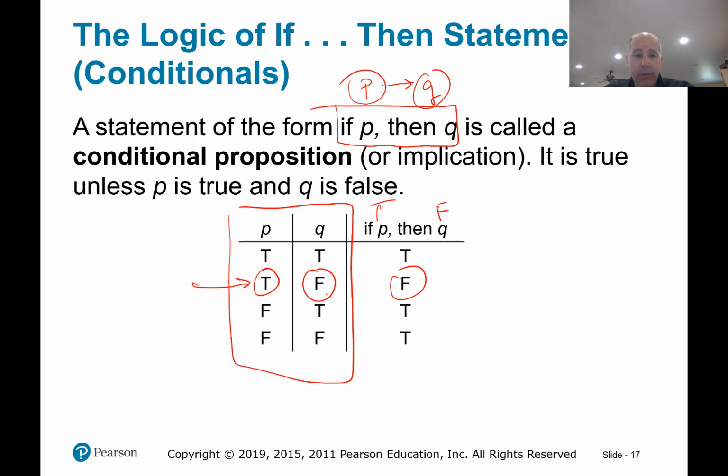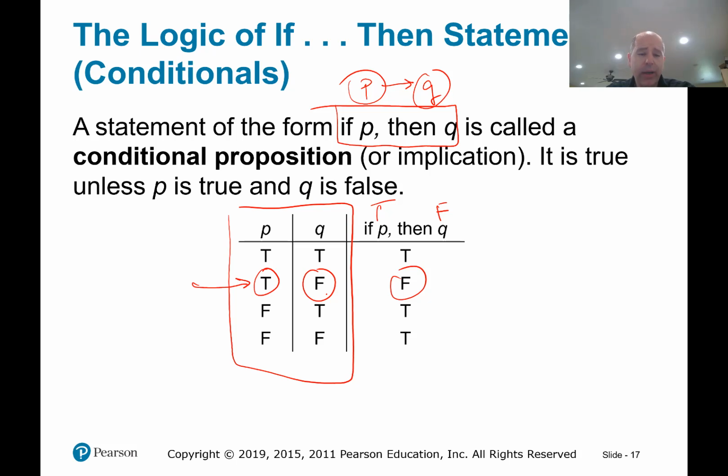Why? Because I was only held to my promise if he got 100%. I just told him what I would do if he got 100% on a spelling test. I didn't say anything about what I would do or would not do if he didn't get 100% on a spelling test.